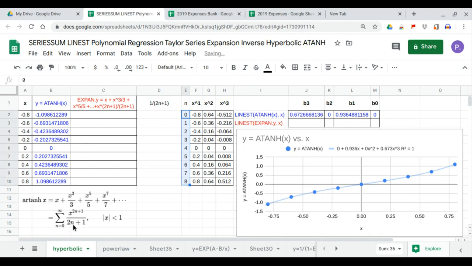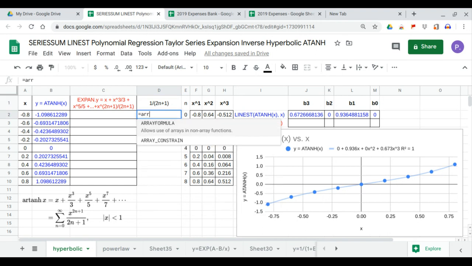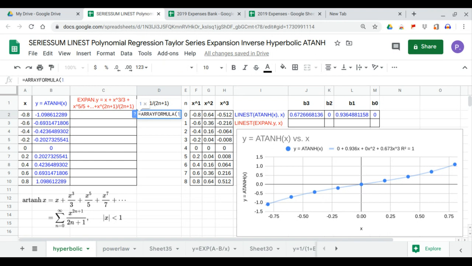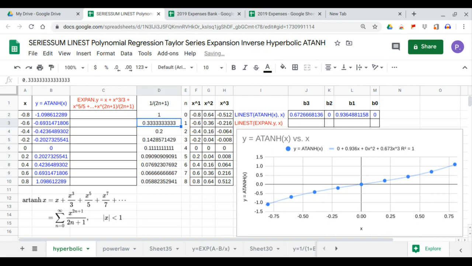We will also need the 1 over 2n plus 1 values. So the formula is 1 over 2 times n plus 1. That's our fraction of the coefficients. So that is a fraction.